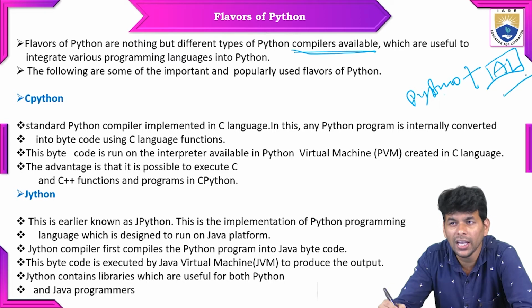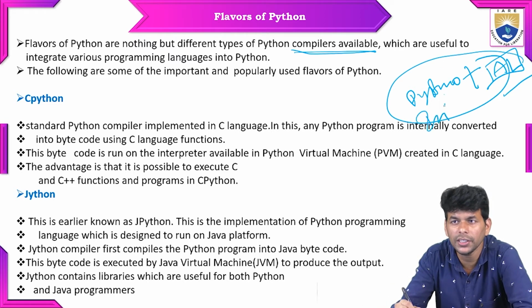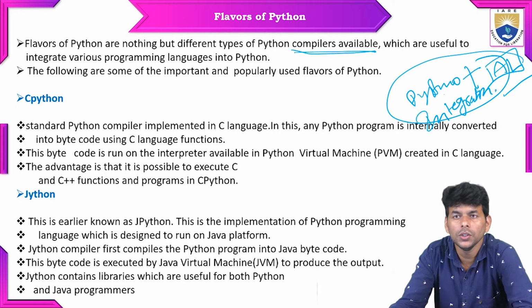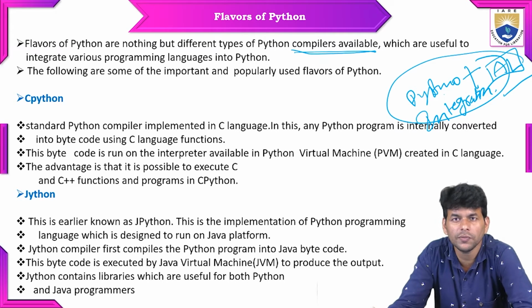Python plus any language we can use here. This is called integration. It is possible with the help of the different flavors of Python, which are nothing but different types of compilers.